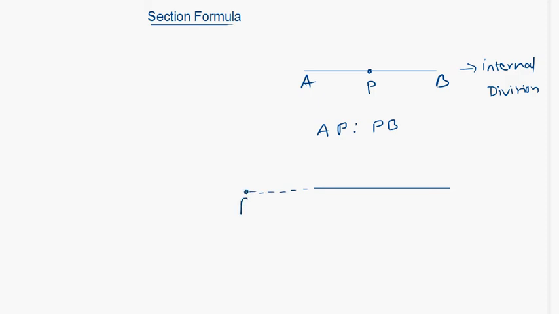If P lies outside of the line segment AB, then it is said to divide the line segment AB externally, in the ratio minus AP is to PB.